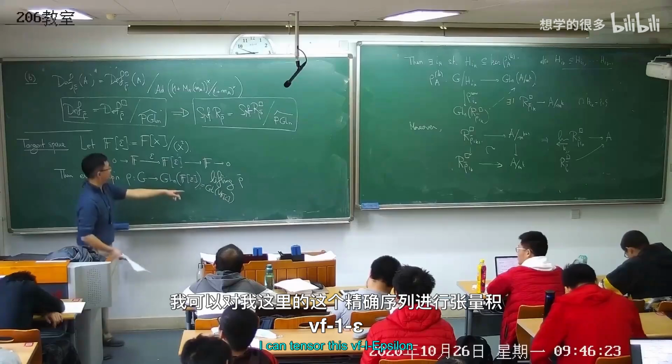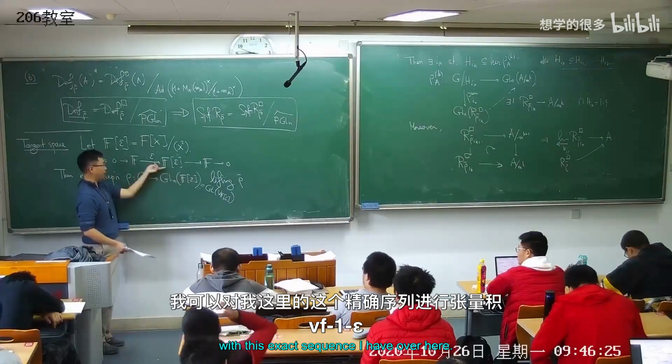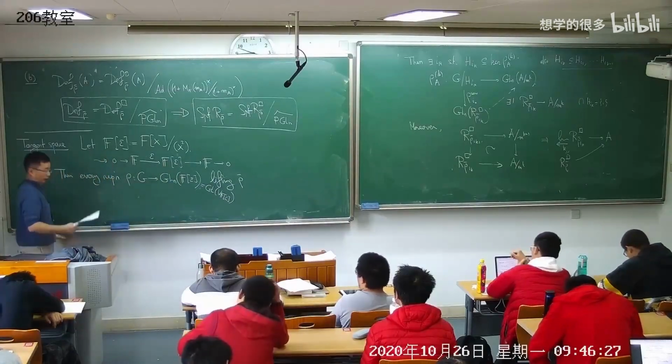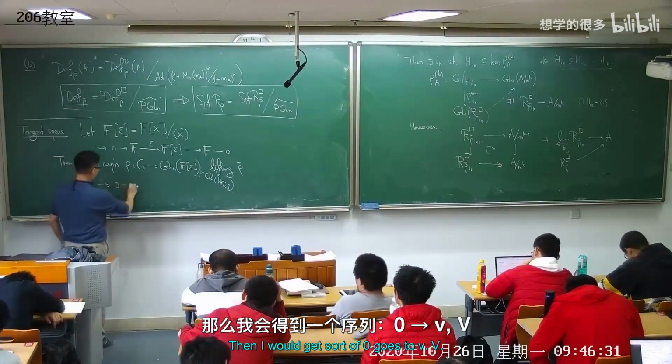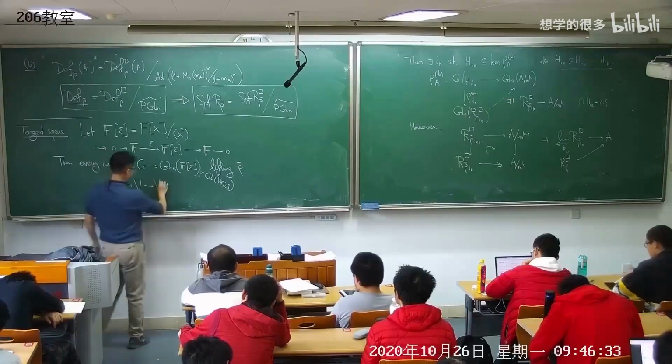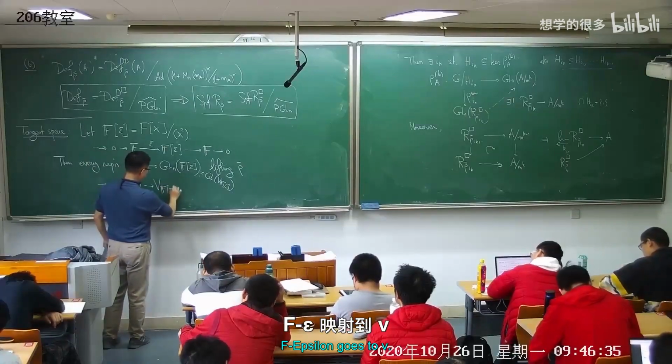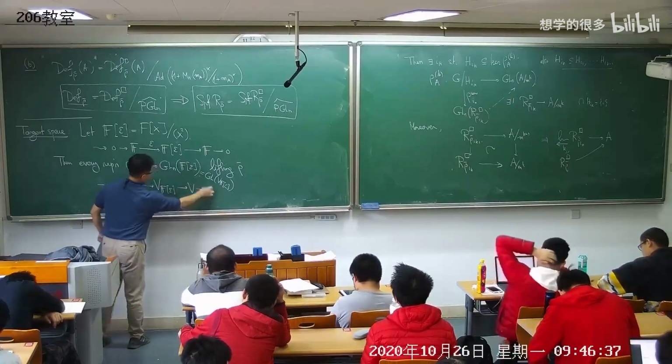I can tensor this V_F[epsilon] with the exact sequence I have over here. Then I would get 0 goes to V goes to V_F[epsilon] goes to V.